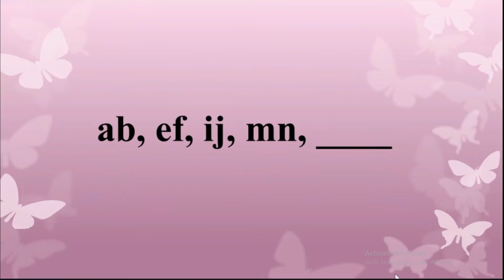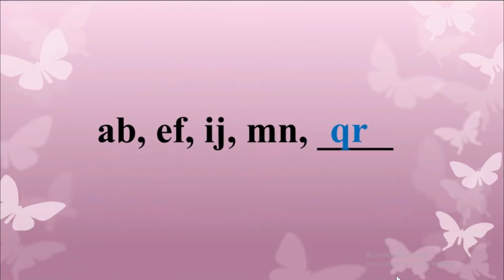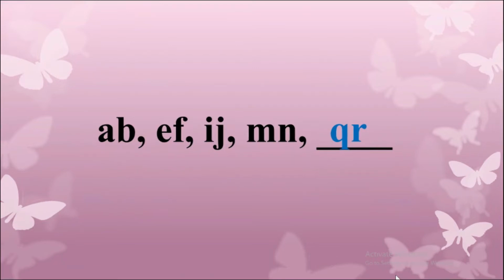The correct answer is QR. Why? What's the pattern? These are letters of the English alphabet, so you have to take two consecutive letters, then skip the next two letters, then copy again the next two, then keep on doing this pattern until we find QR.